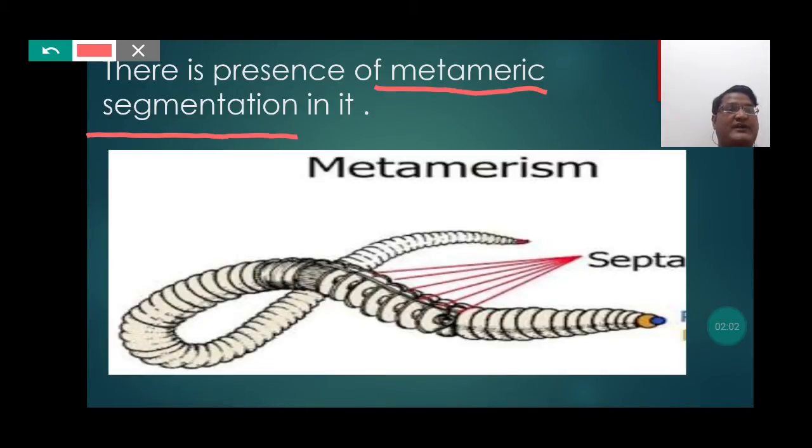Now students, metameric segmentation is actually the property of the Annelida in which the whole body is distinguished into a huge number of compartments by the presence of annulus, that is rings, on the body of earthworm.